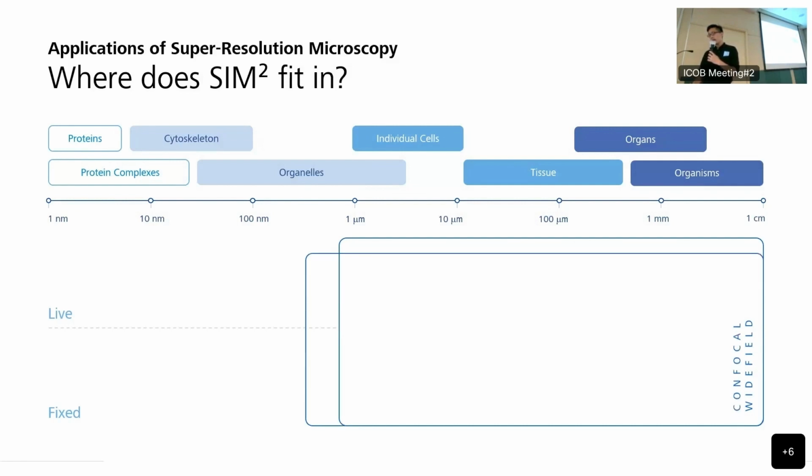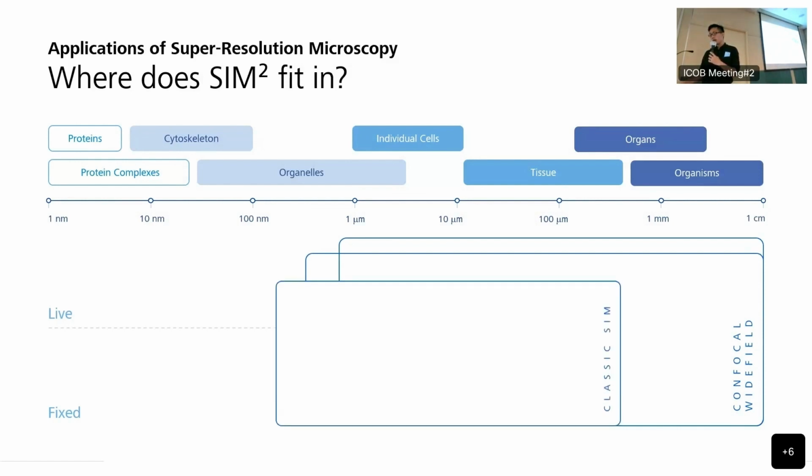Okay, let's try the confocal microscope. Some organelles may be visualized, but we cannot visualize all kinds of organelles. So we need to raise our resolution.